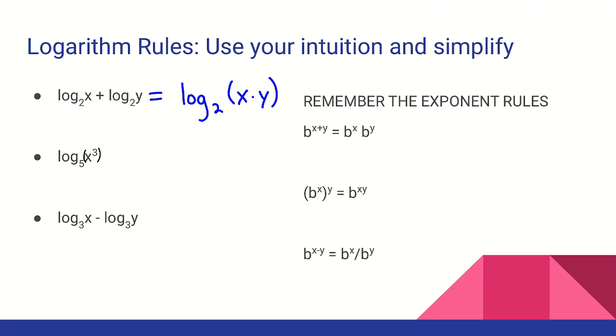So now, given that, if we look at this rule right here, it's probably a little harder to see on this one. But we take that exponent here, and it moves out to the front.